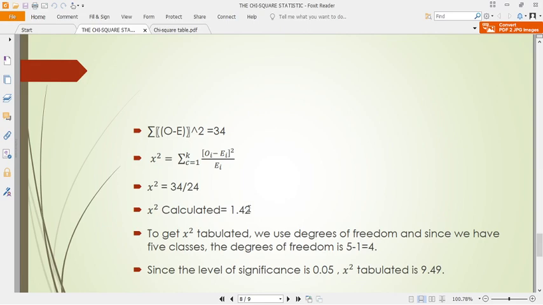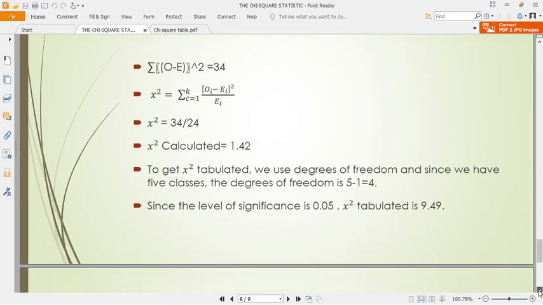Remember, you're supposed to compare the chi calculated with the chi tabulated, or the chi value we get from the chi-square table. To get chi tabulated, we use degrees of freedom, and since we have 5 classes, which represent our n, the degrees of freedom will be 4, which is n minus 1. And since the level of significance is 0.05, we can get chi tabulated.